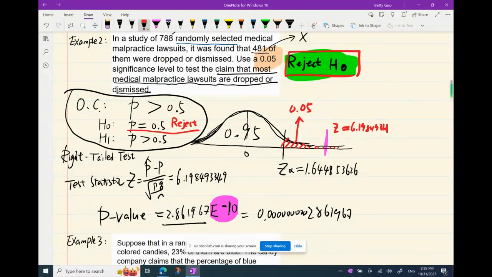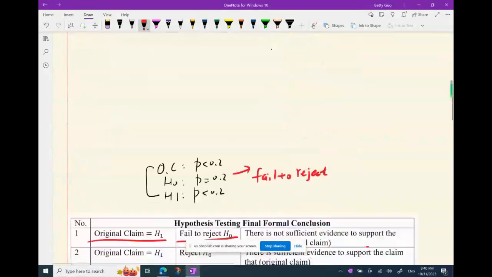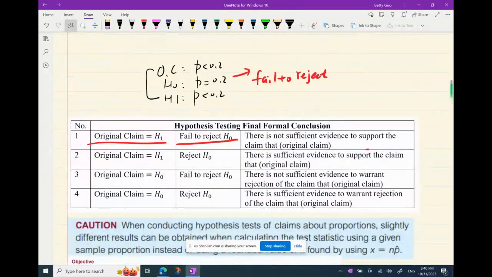Yeah, the original claim is the alternative, right? If we reject the null, we can say we have sufficient evidence to support the original claim. Let's look at the table to double check. The original claim is H sub 1.